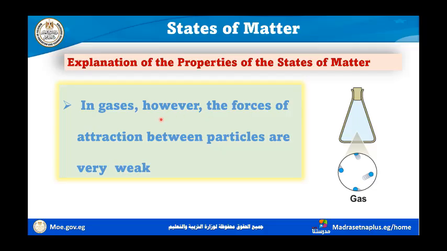We are moving now to the third state of matter, which is the gaseous state. In the gaseous state, the forces of attraction between the particles are very, very weak. Let's see what will happen in the gaseous state according to the weak attraction forces between the particles.